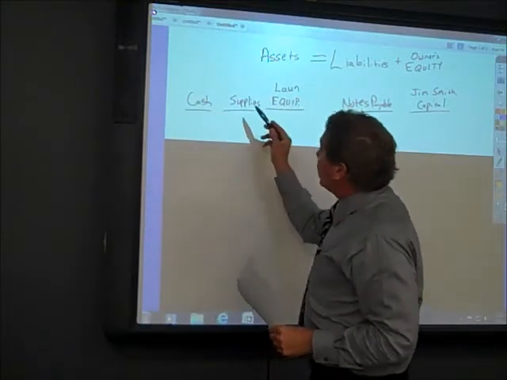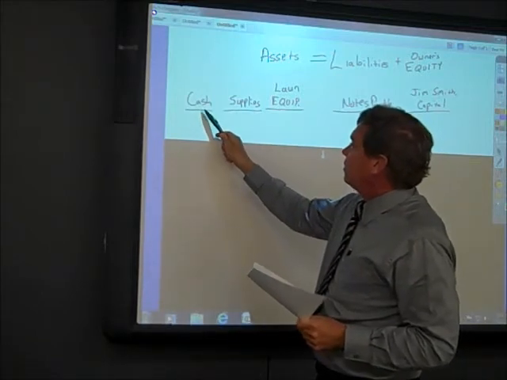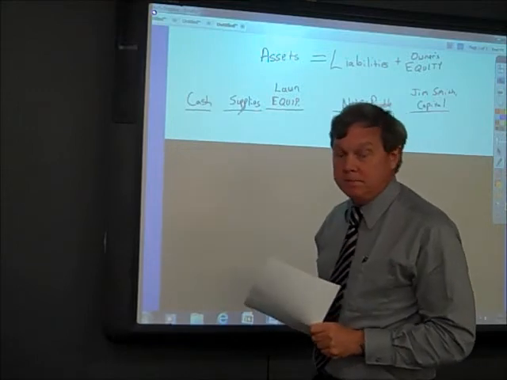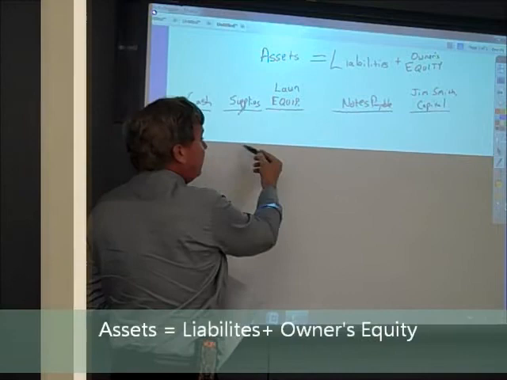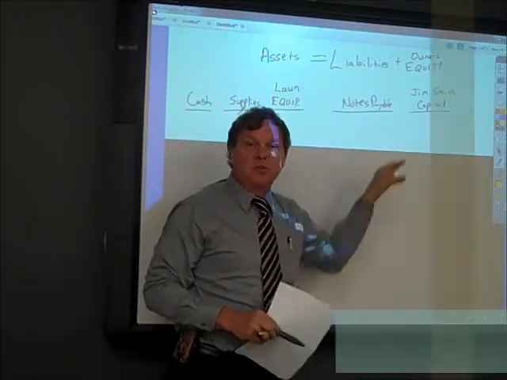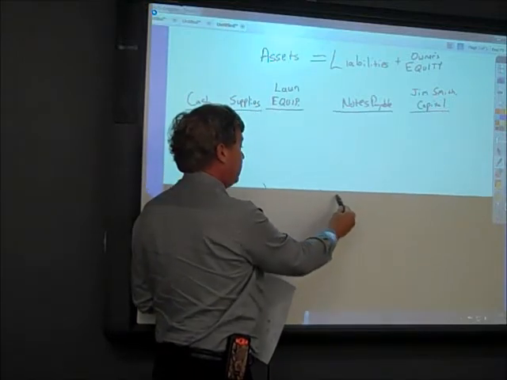And then we also are going to have three asset accounts. In his business, he's going to have cash, he's going to have some supplies, and lawn equipment. The total of all these assets always has to equal our liabilities plus the owner's equity. So let's look at our transactions now.